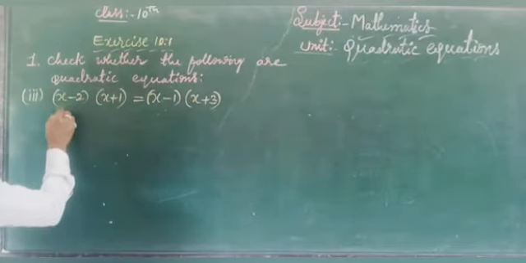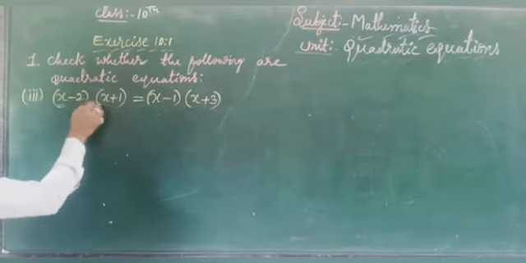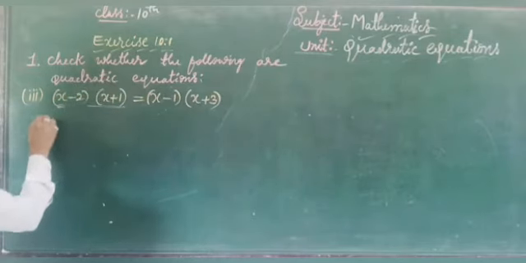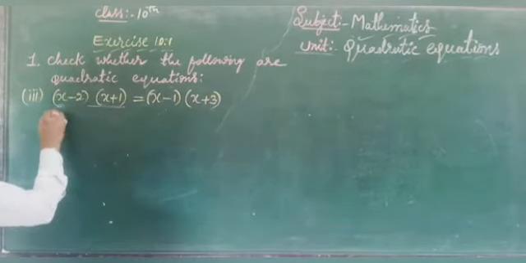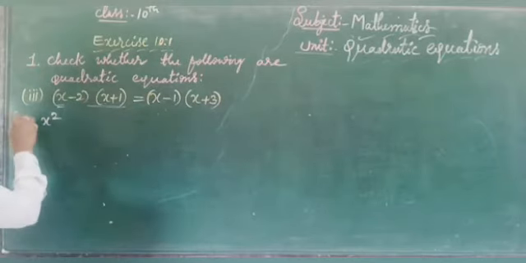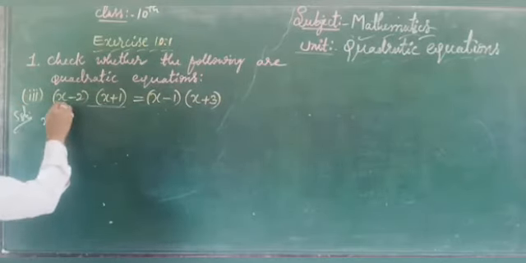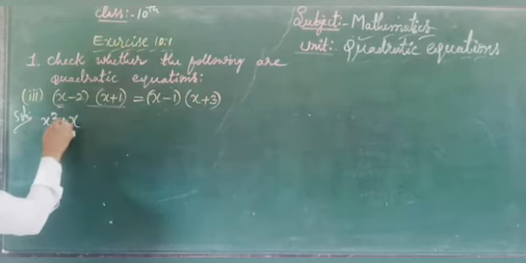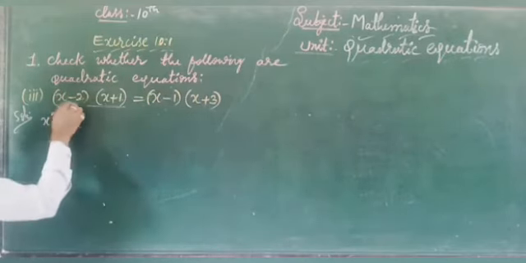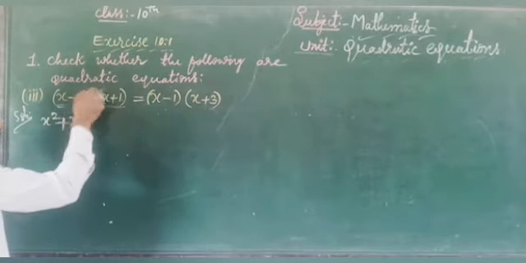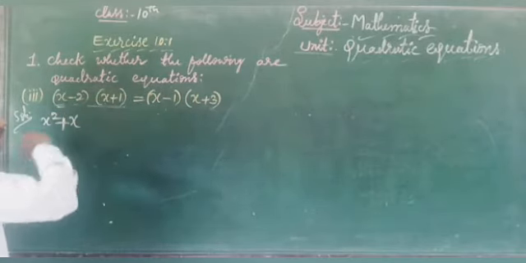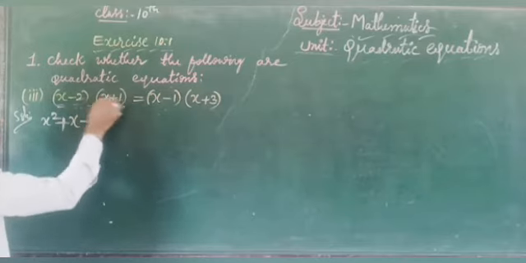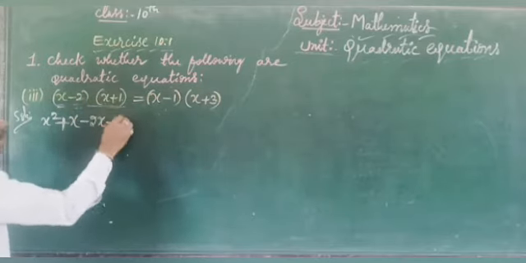Multiply x into x plus 1 and then minus 2 into x plus 1. So x into x, x square. A plus into plus, x into 1, x. Next minus 2 multiplied by x plus 1: minus into plus minus 2 into x, 2x; minus into plus minus 2 ones are 2.